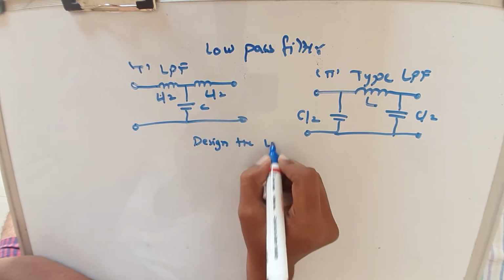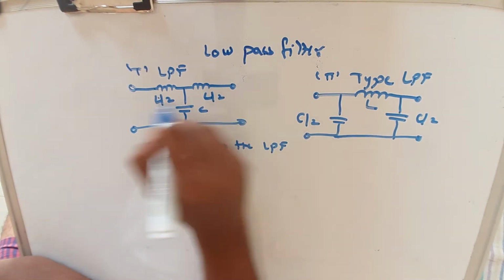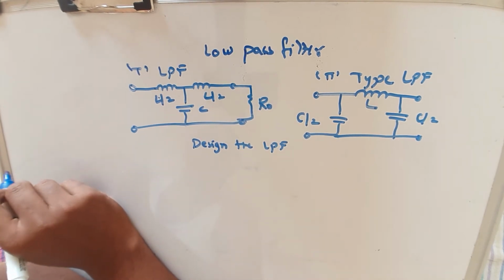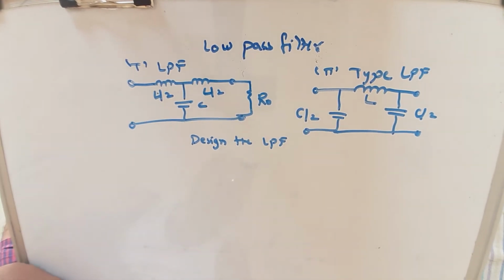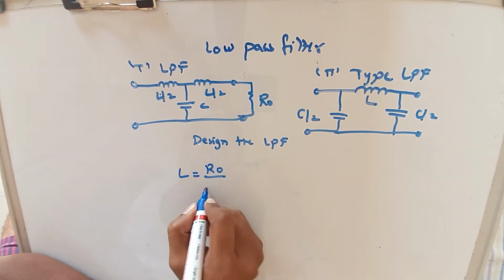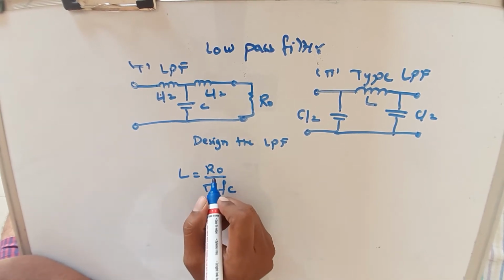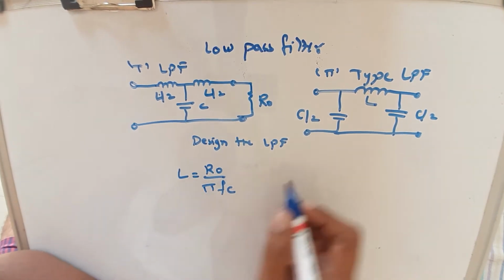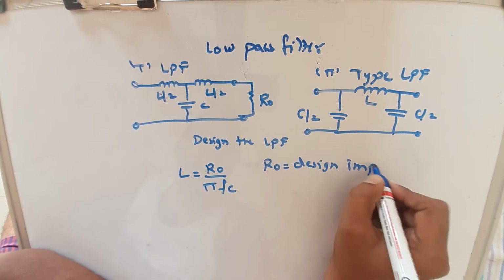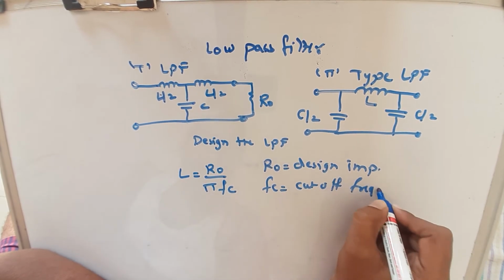For designing this, every low pass filter has its characteristic impedance R0. First we will put the formula to find the value of L. L equal to R0 divided by pi FC. The value of pi is 3.14, R0 is the design impedance, while FC is the cutoff frequency.